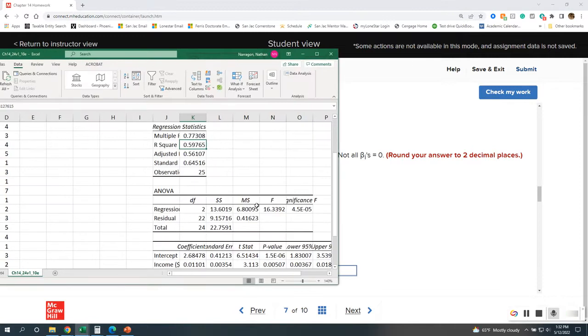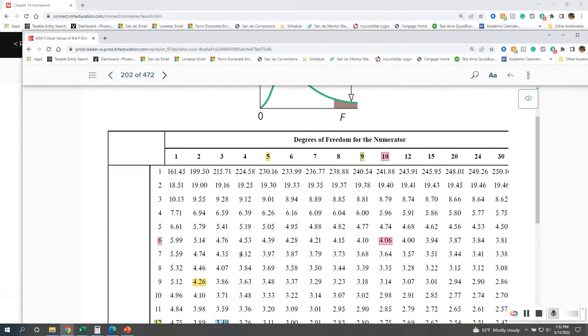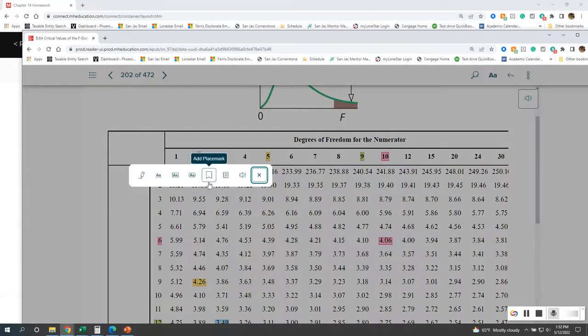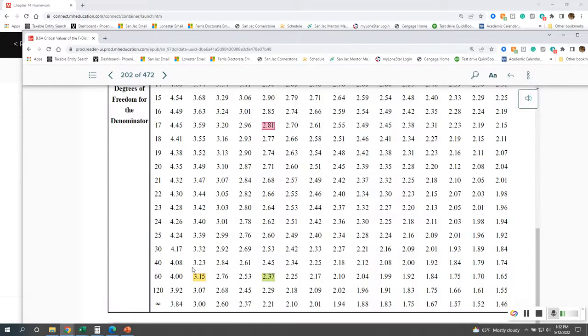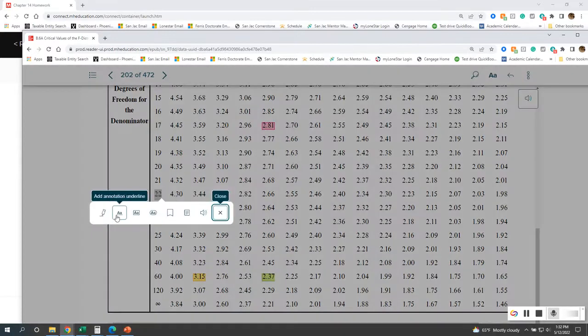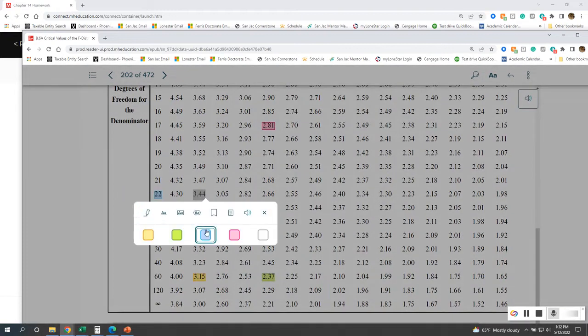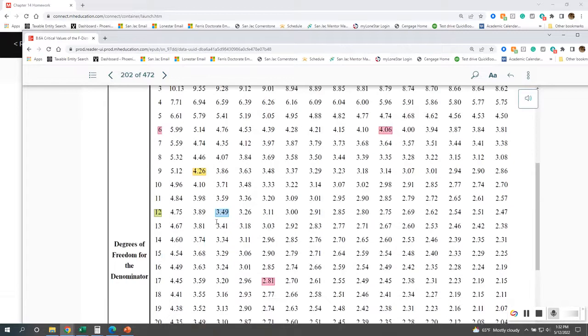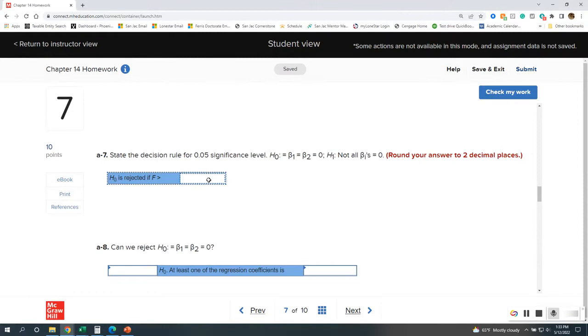So F statistic, critical value, 2 and 22. We are at 0.05. So now we need our book. 0.05. We're at 2, and we have to go find 22. So we're sitting at 3.44. Yep. So 3.44.